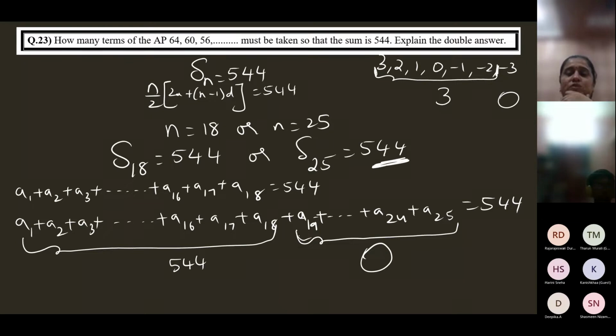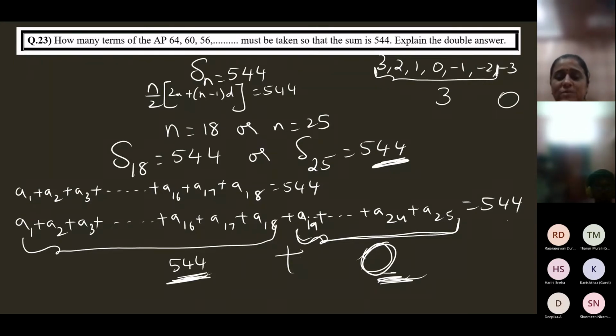S25 is also 544 because 544 plus 0 is 544.